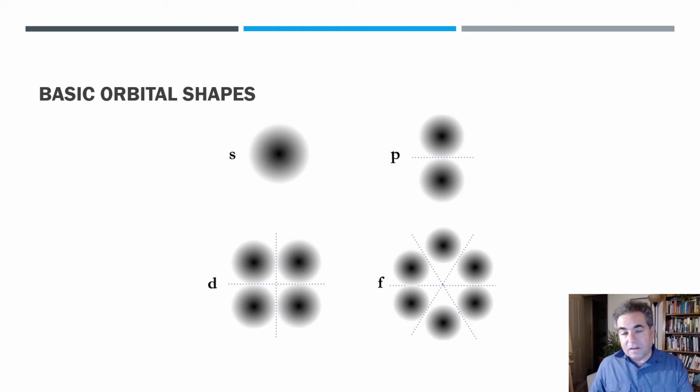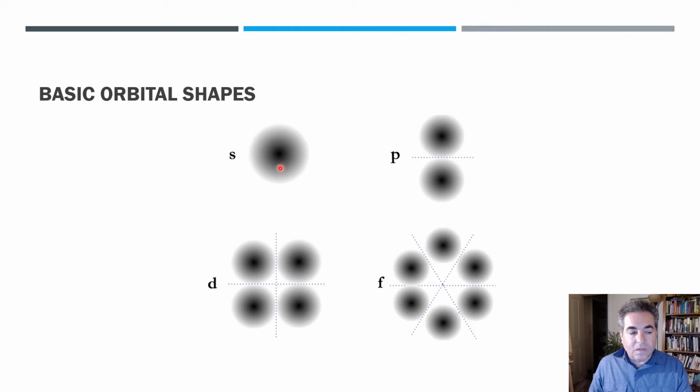In the last lesson, we saw that you could predict the shapes of the orbitals by looking at the orbital angular momentum quantum number. That was script L. So when L was 0, you had no nodes through the nucleus. You can think of a node as a cut through the electron cloud. There are no cuts with L equals 0.